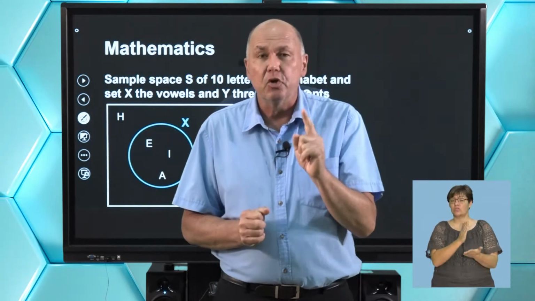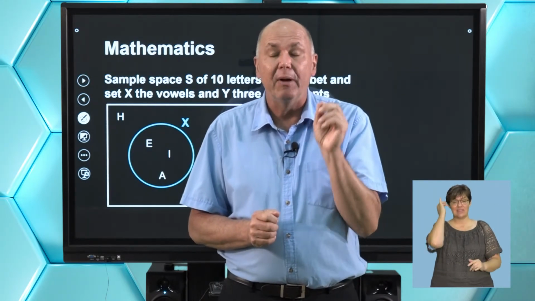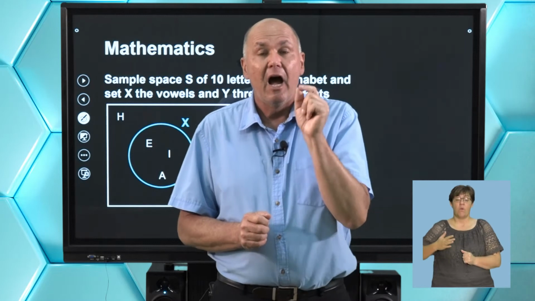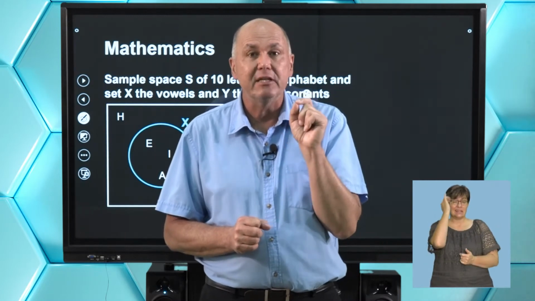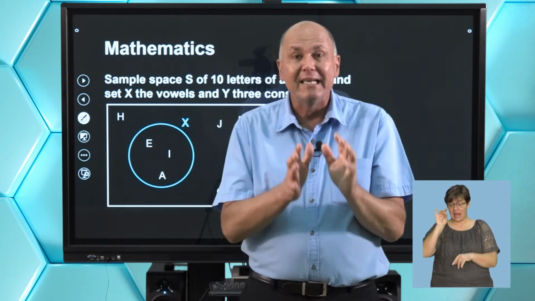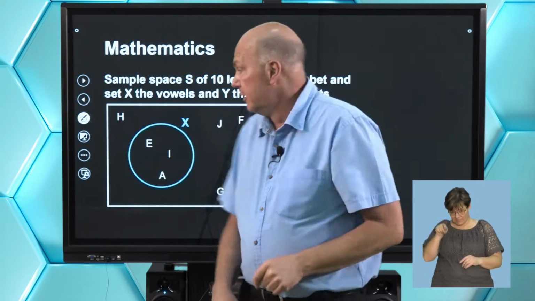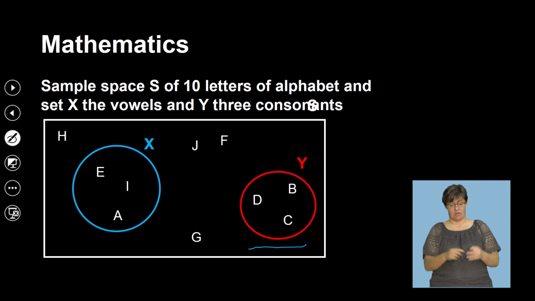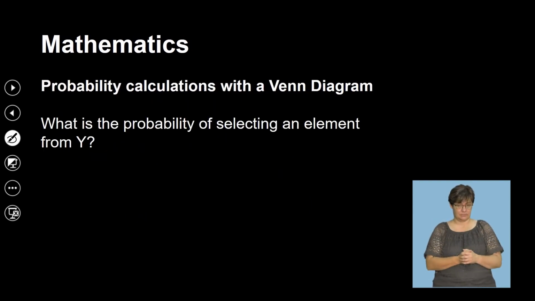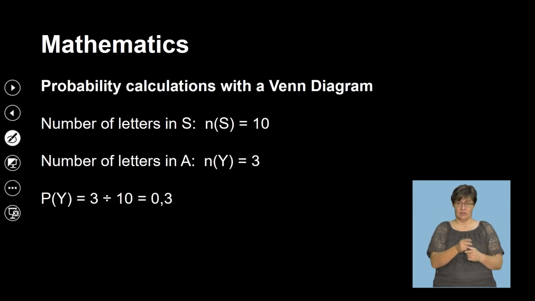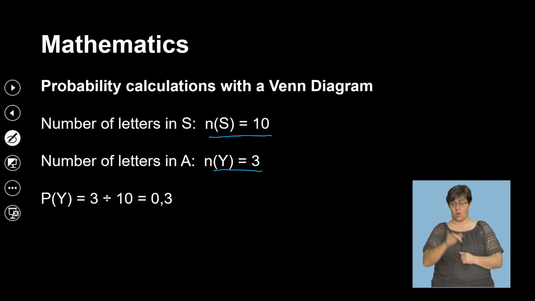Let's just make sure that we've got the idea clear about theoretical probability, though. I want to calculate the theoretical probability of selecting an element from set Y. So remember, we've got 3 things in the set, and we're going to calculate that. Notice that the sample space is still 10. We've got 3 in Y, and we recognize that it's going to be three tenths.